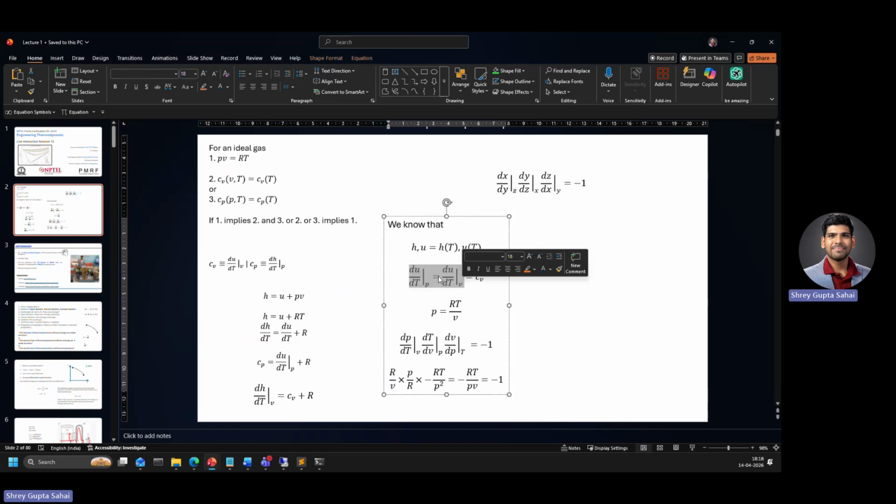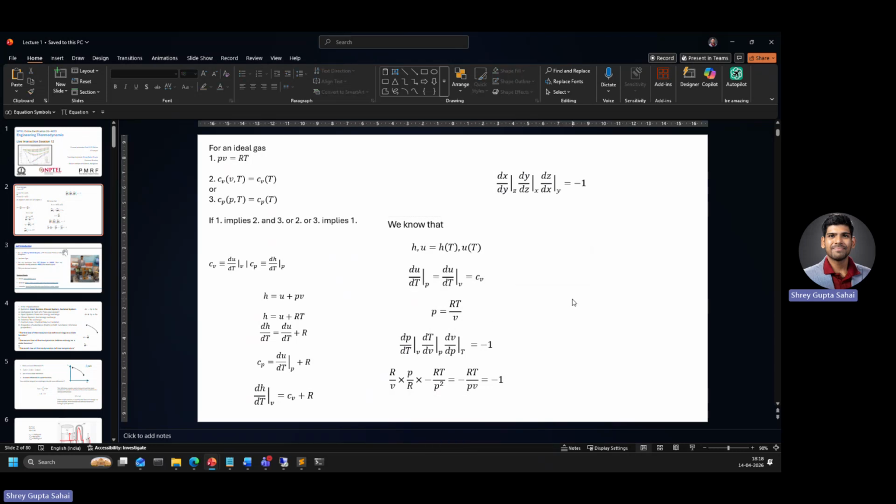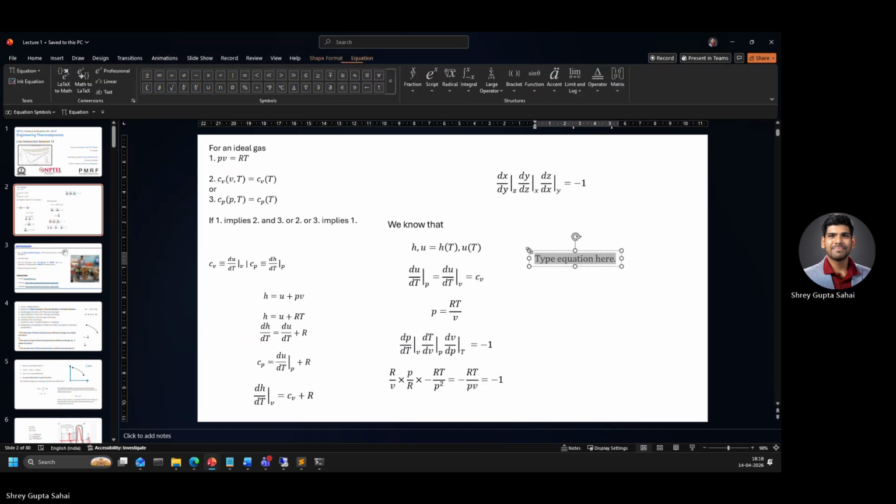Let me think. dU by dT at constant P is actually equal to dU by dT at constant V. So generally, RT.